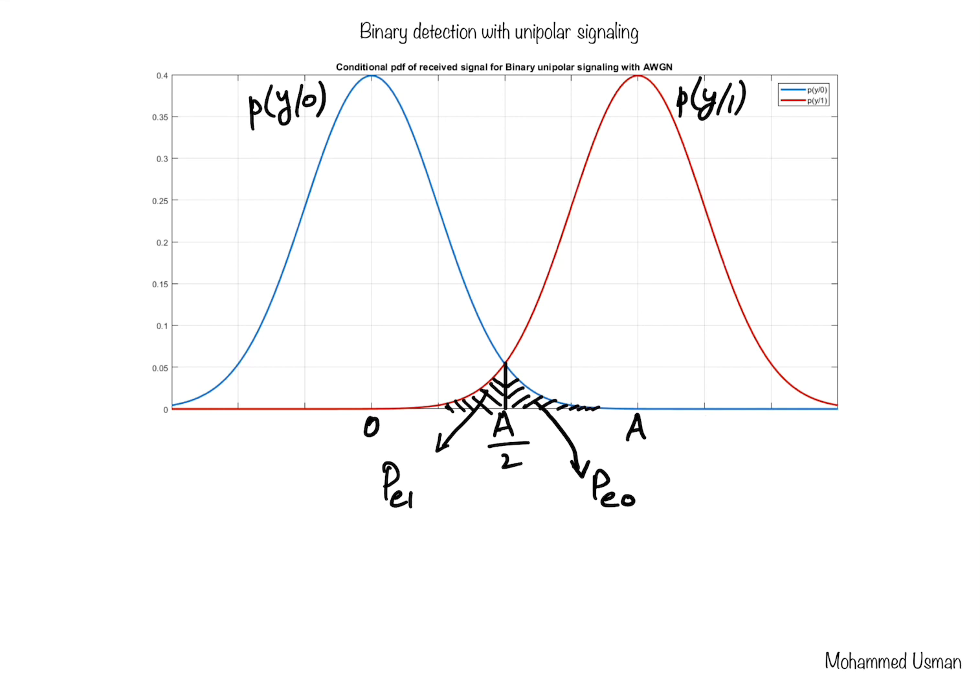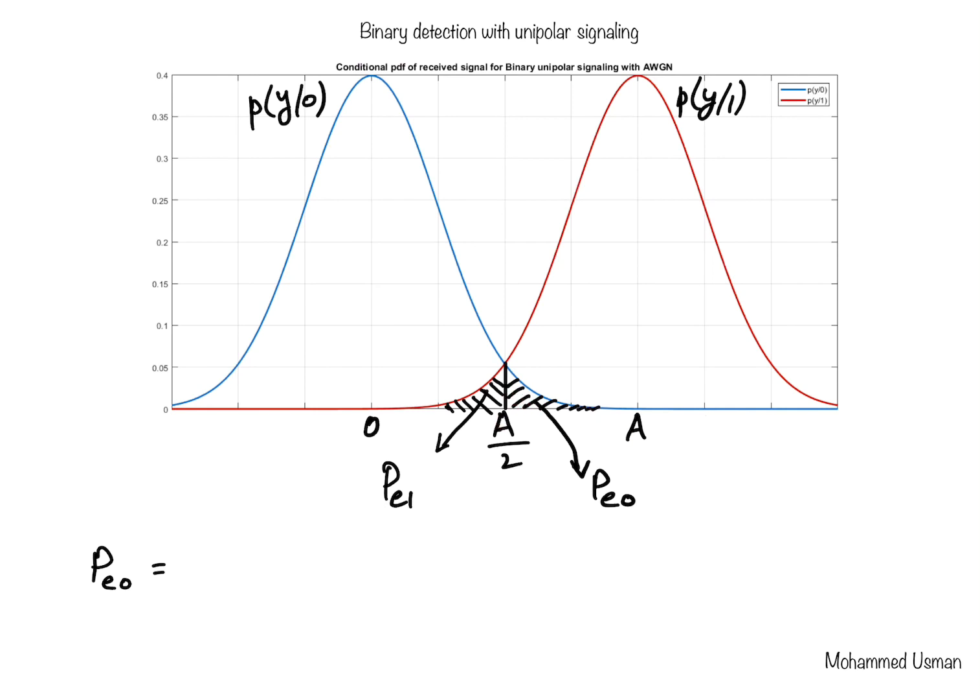Now we earlier discussed the Q function, and we are going to represent these areas as the Q function, and that is why we were introduced to the Q function earlier. So this PE0 will start with the error probability for 0, which is the area under this PDF P of y given 0 to the right of a by 2.